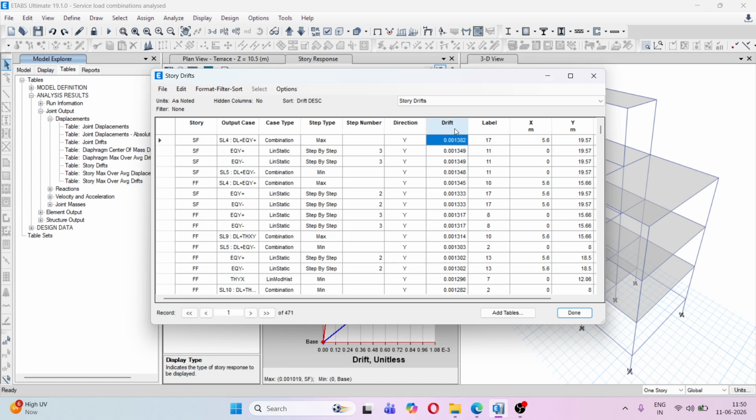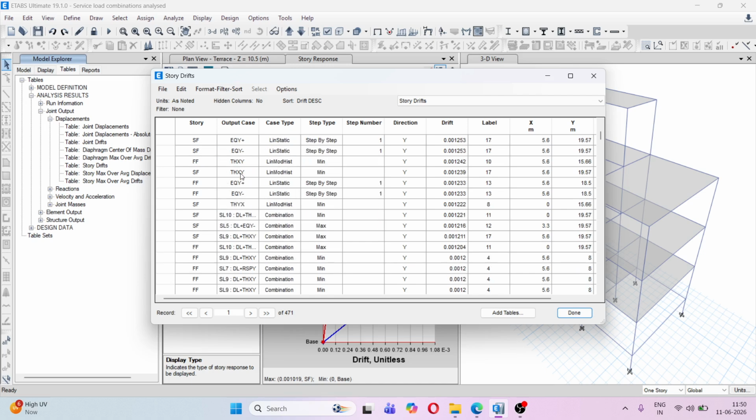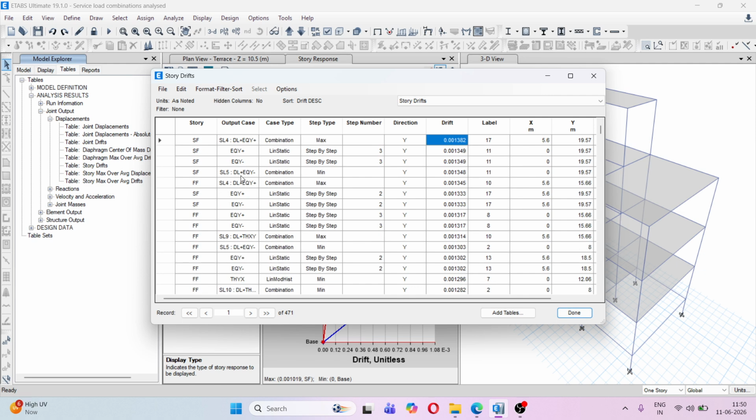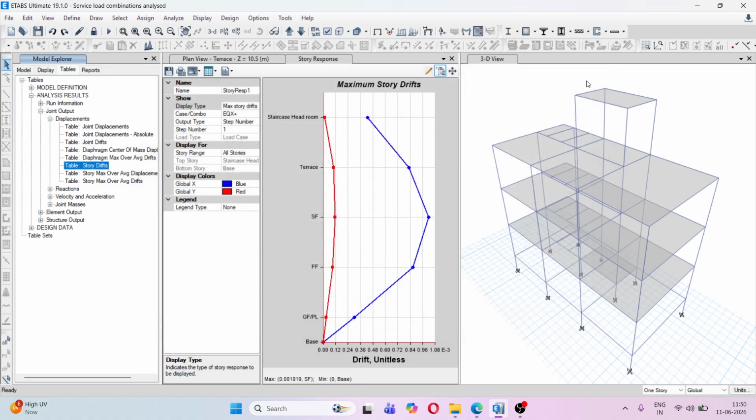That means our structure is safe as per the drift for all the load combinations. So here you can see there are many load combinations, load cases, and floors, and this is the maximum value and it is safe. So this is the first thing that I wanted to explain to you.